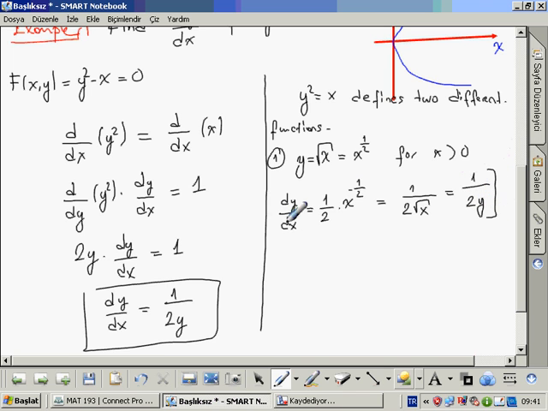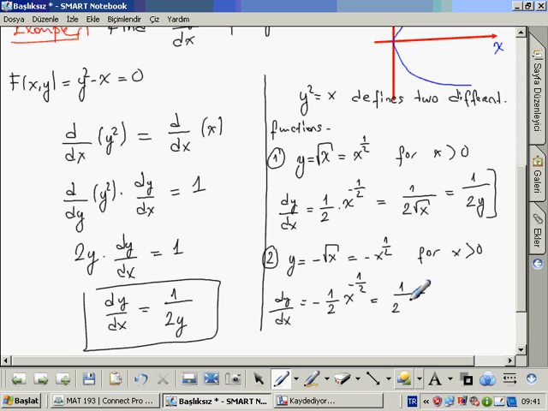Please pay attention to this result, and let's take the second part, which is y equals minus square root of x, which is equal to minus x to the power of 1 over 2, for x larger than 0. And del y over del x is equal to minus 1 over 2 times x to the power of minus 1 over 2, and it is equal to 1 over 2 times minus square root of x, and it is equal to 1 over 2y.